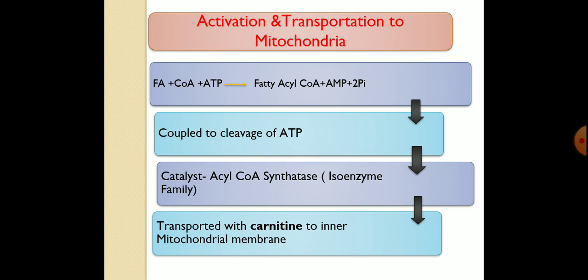Acyl coenzyme A synthetase, which is a member of the isoenzyme family, acts as catalyst for this reaction. Synthesized fatty acyl coenzyme A is transported with carnitine to the inner mitochondrial membrane.